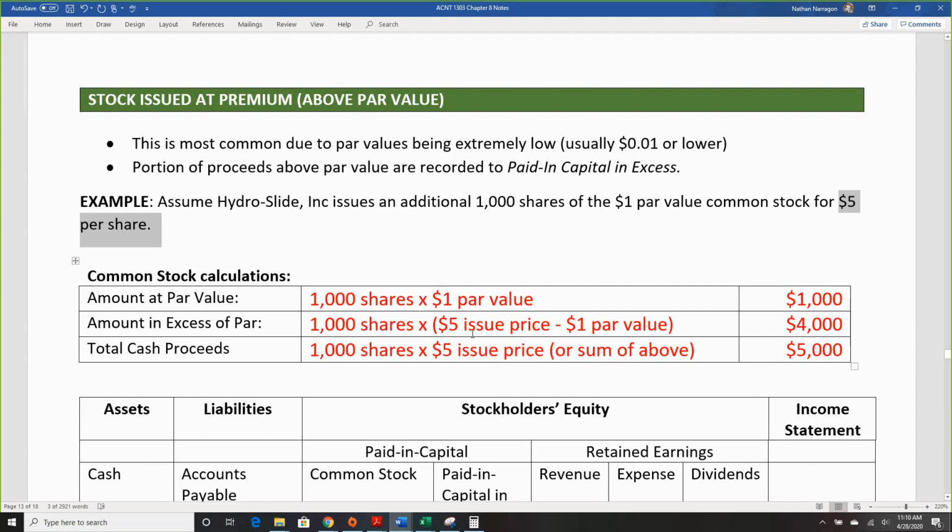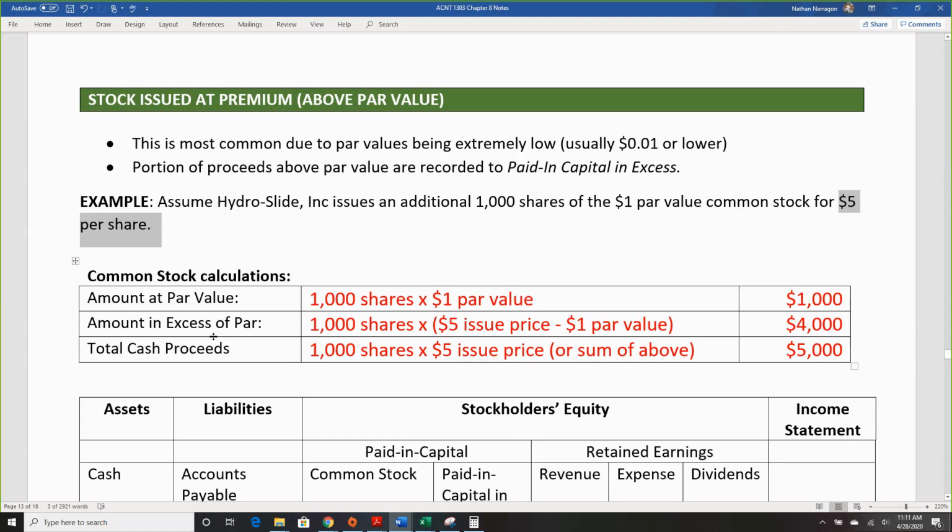So basically, $5 minus 1 means $4. So we're still at $4 above par. So that means we have an extra $4,000. That was in excess. That is still capital, or still equity for us. Stockholders invested on that stock.